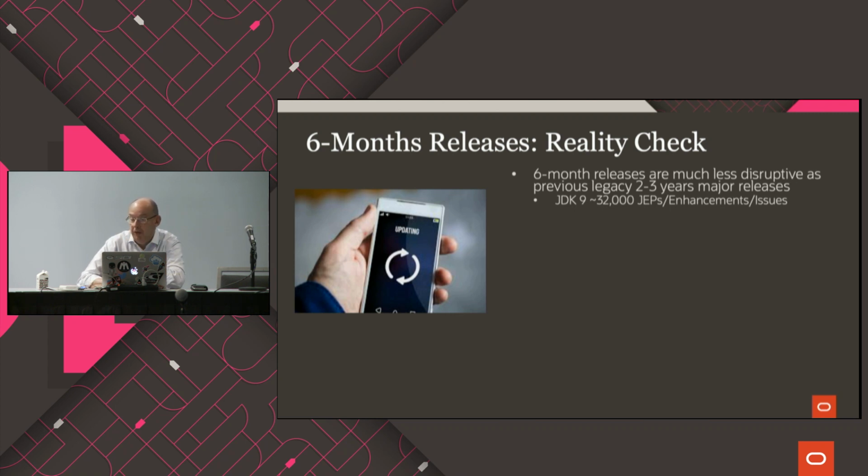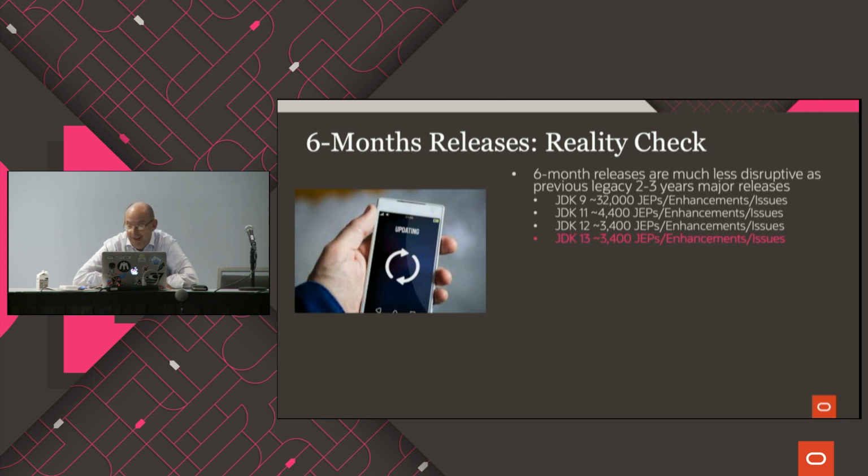We have roughly 32,000 issues that were delivered in JDK 9. JDK 11, one of the first 6-month releases, had 4,400. We moved to the 6-month release cadence after 9, so we have 10 and 11. Then you move to 12, and we are at 3,400.